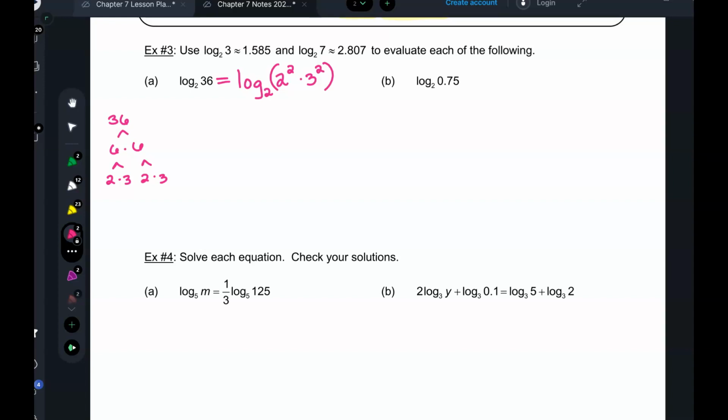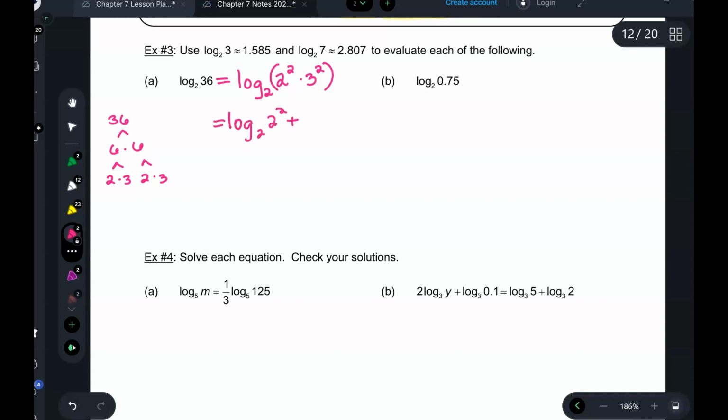Now what? Can I rewrite what's inside here using the product and the sum? Let's start with the multiplication part. Remember multiplication, I can rewrite this as log base 2 of 2 squared plus log base 2 of 3 squared.